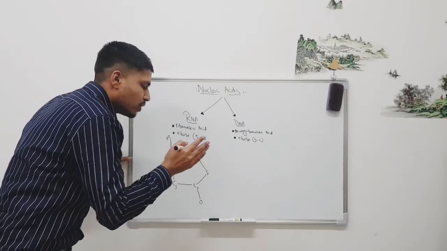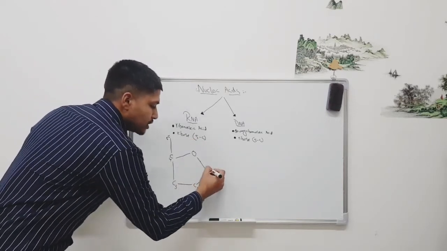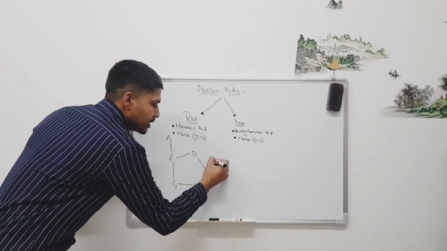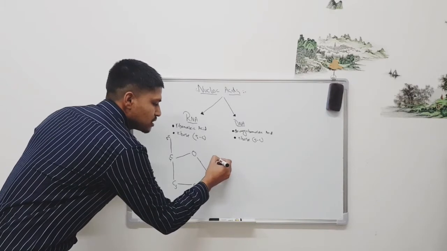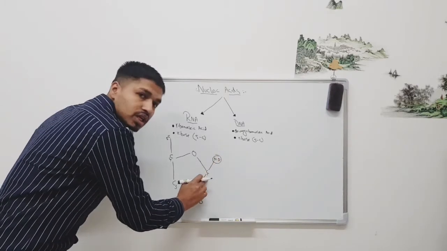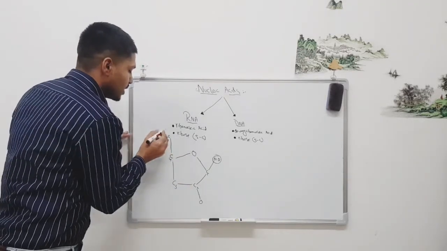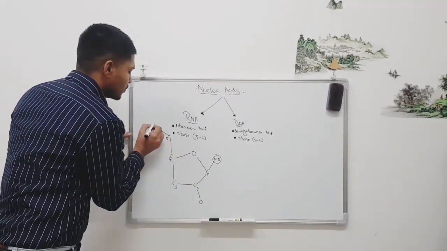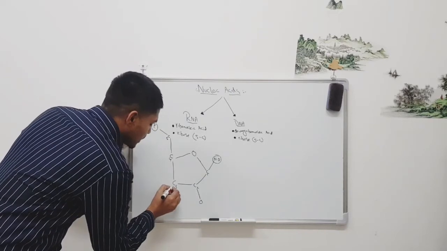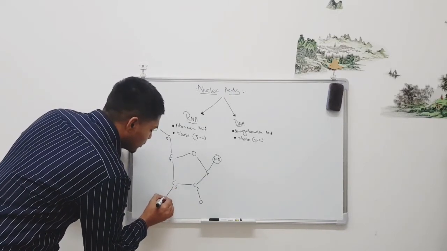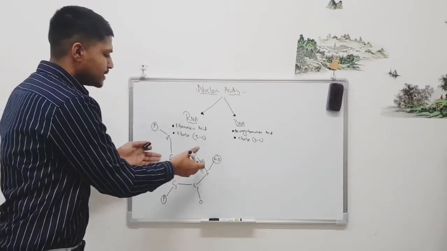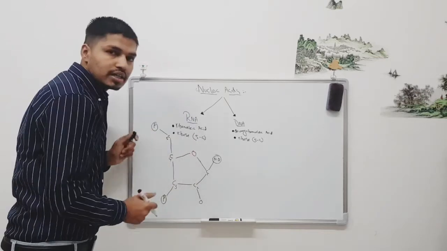In the previous video, I told you that on carbon number 1 a nitrogenous base always attaches, and the phosphate molecule can attach either on carbon number 5 or on carbon number 3. So basically this structure is the RNA molecule.